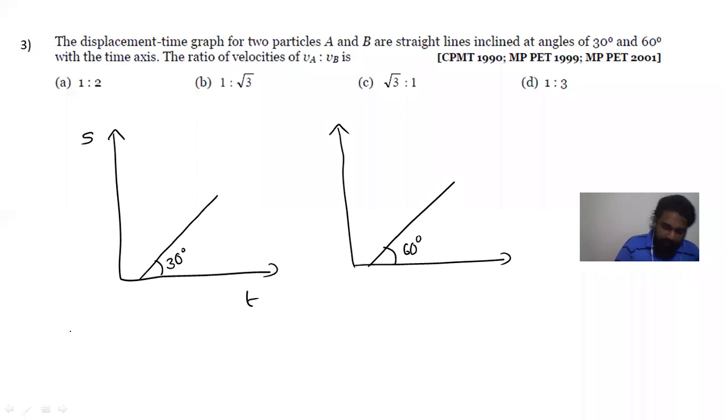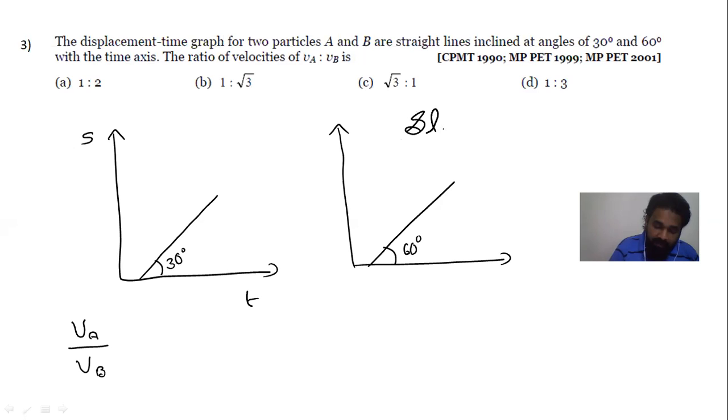I am also doing it parallelly. What they are asking is the ratio of velocities, VA is to VB. For a displacement time graph, slope is nothing but velocity. In the question, if the angle is given, how will we find slope?